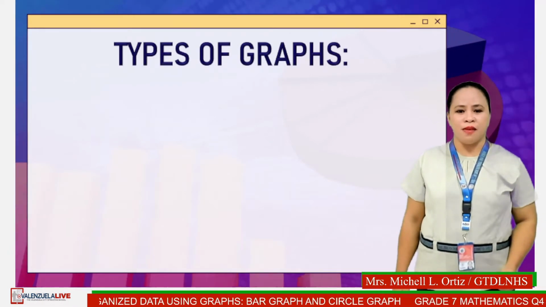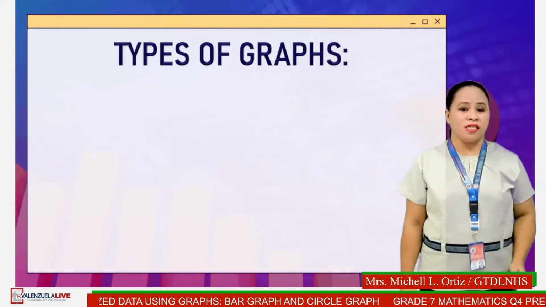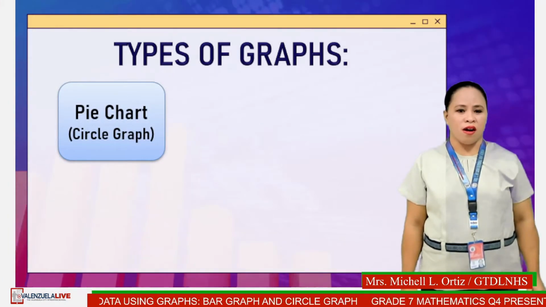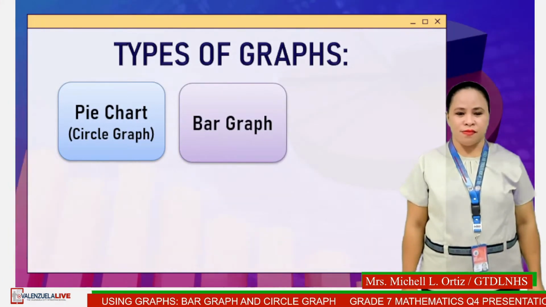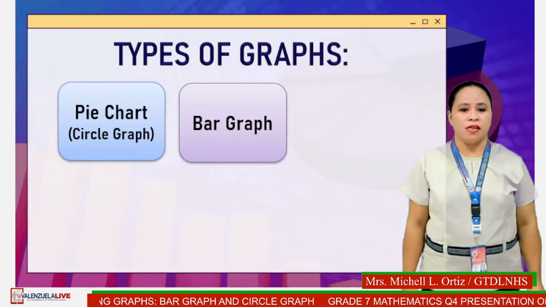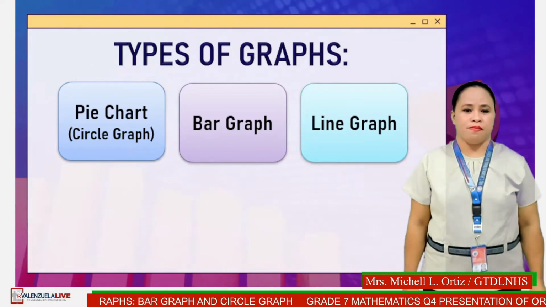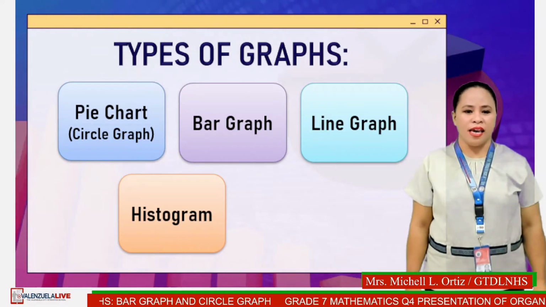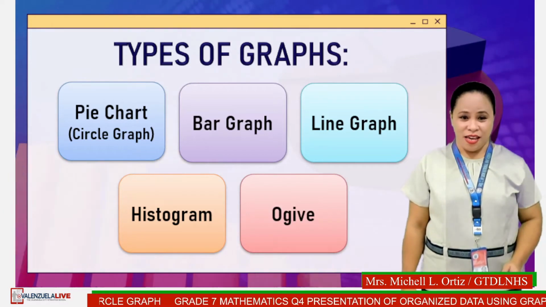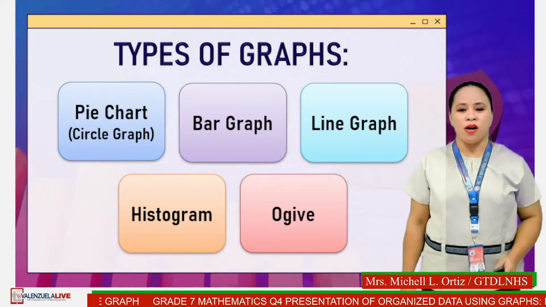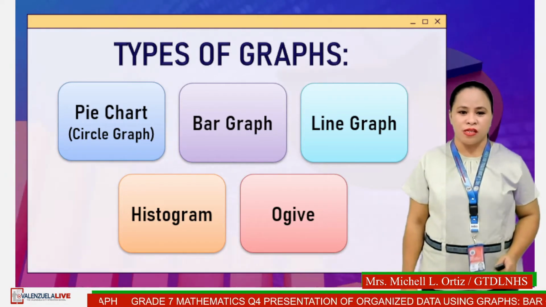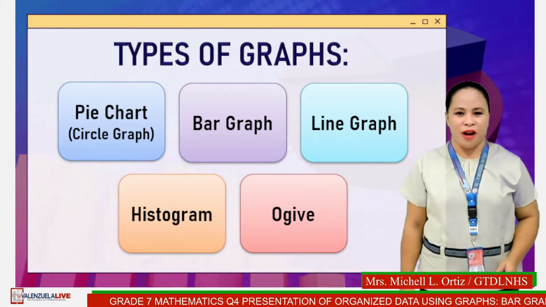The different types of graphs which will be discussed this quarter are pie chart, bar graph, line graph, histogram, and ogive. Today, we will be focusing more on pie chart or circle graph and bar graph.